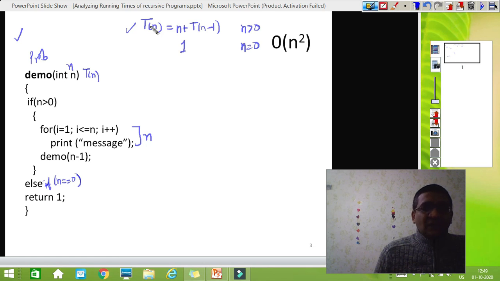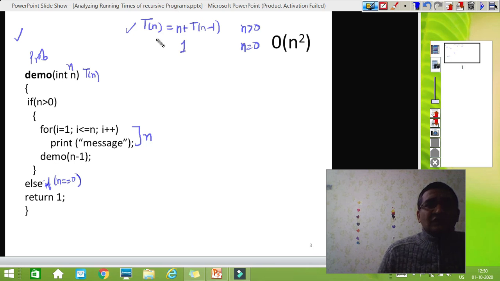For any algorithm you represent with a mathematical equation, this equation can be solved for running time using the back substitution method or the recursive tree method. In this video we are only focusing on the back substitution method. The same algorithm we will solve in the next video using the recursive tree approach. Okay, so let's see how things will work.